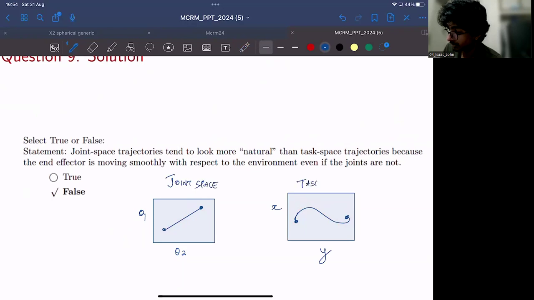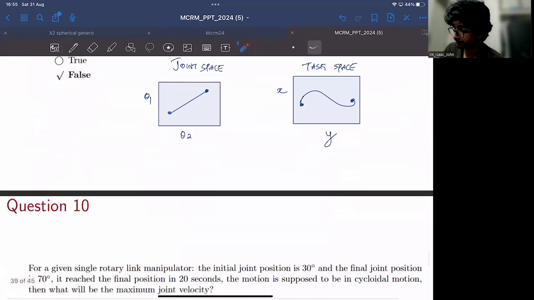This is task space. If you plan a straight line in joint space, we probably won't be able to visualize how it will be moving in task space. Because maybe if there are some obstacles defined in task space, and you plan a trajectory, it may collide with these obstacles. But if we plan a trajectory in task space itself, we can see it moves from this point to this point in a straight line. And all these things we can visualize, but not in the other case.